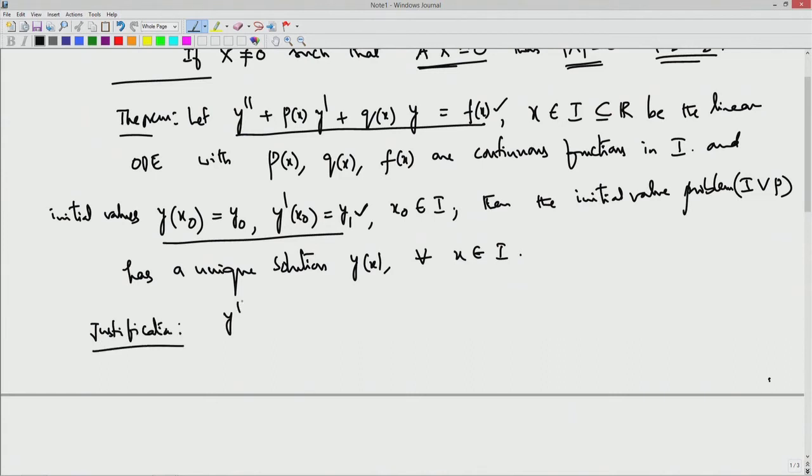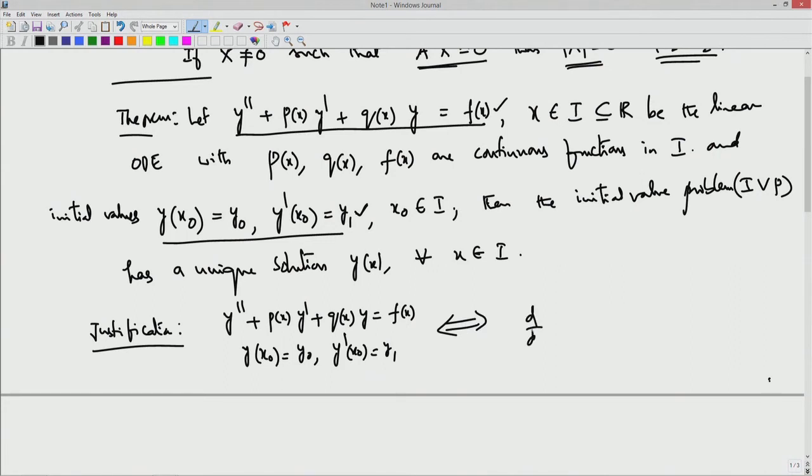So the justification: y double dash plus p(x) y dash plus q(x) y equals f(x), with these initial values y naught and y1. This can be put in an equivalent form as d/dx of a first order system, a first order equation for a vector valued function, the vector (y(x), y dash(x)).